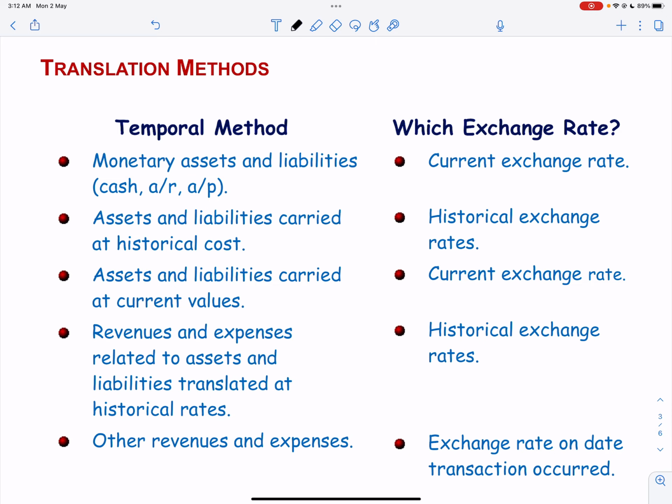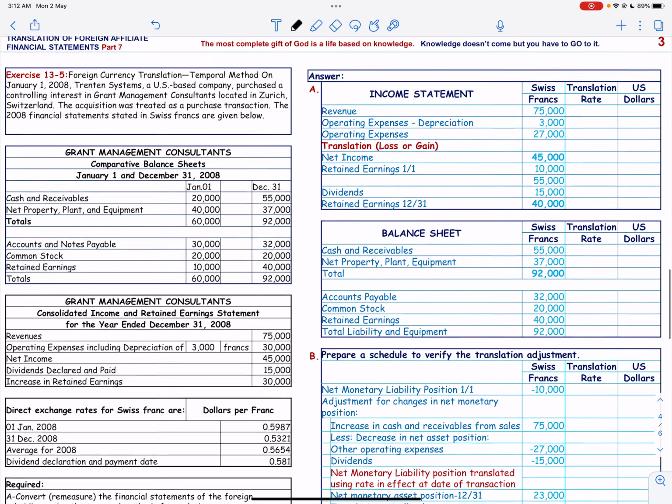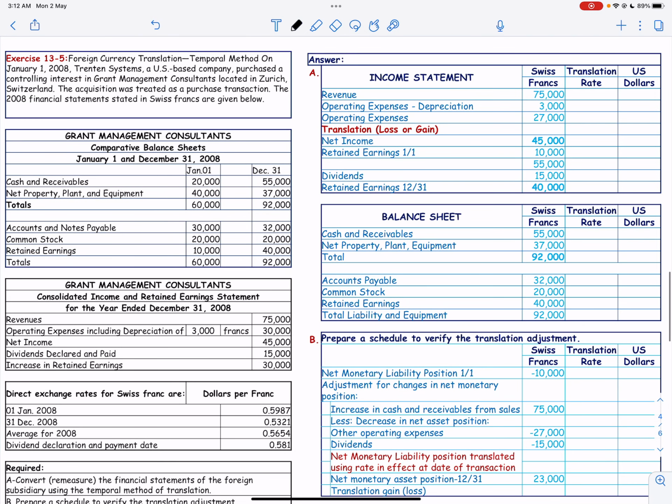Let us do an exercise now, and we are going to use the same information that was in the previous video. The only difference is that now we are going to use the temporal method. On January 1, 2008, Trend 10 Systems, a US-based company, purchased a controlling interest in Grant Management Consultants located in Zurich, Switzerland.